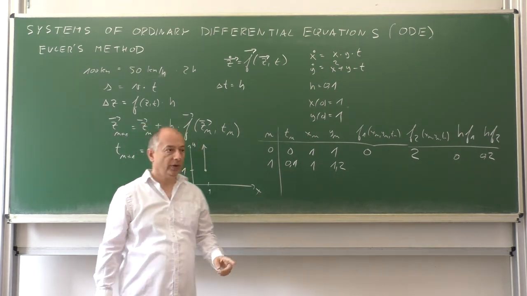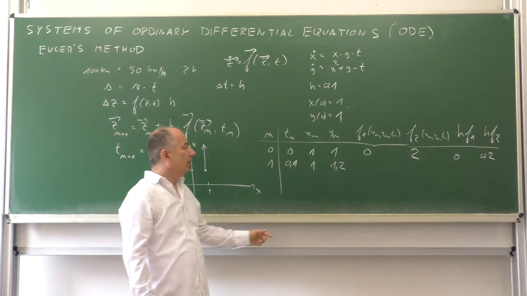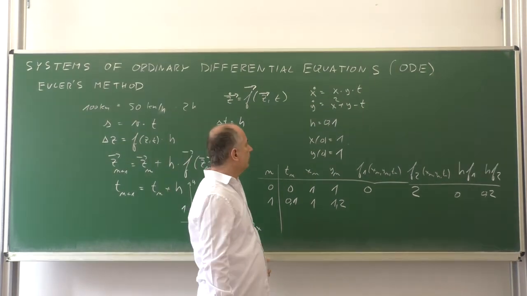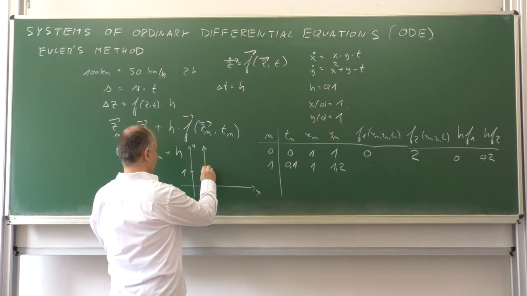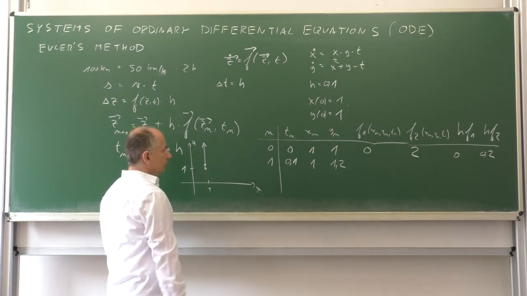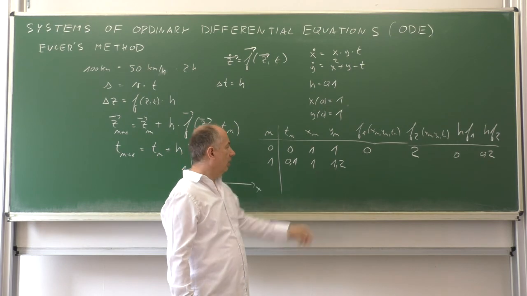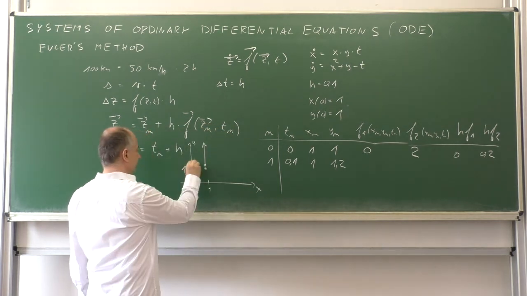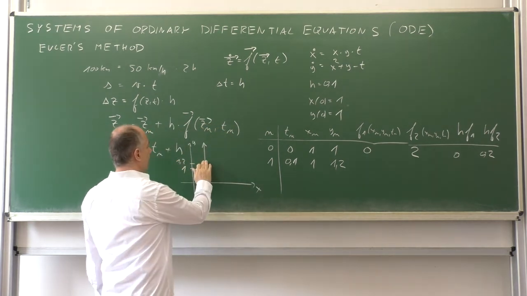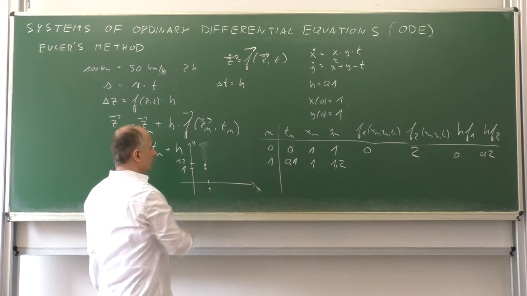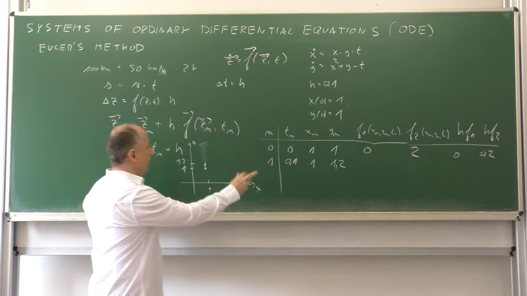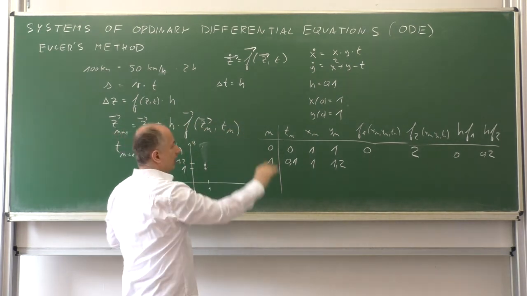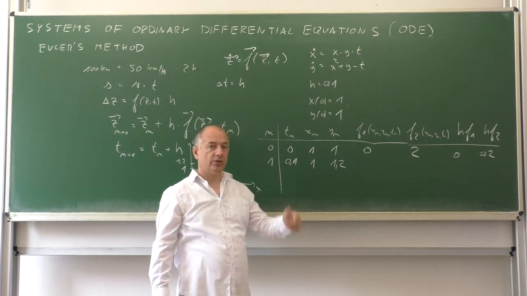And we move in this direction, but just a small piece, just a small step, given by this edge to this point. This is the new point, (1, 1.2). And then, again, in this new point, we evaluate the right-hand side, we get a new vector, and we move one small step in this direction, and so on.